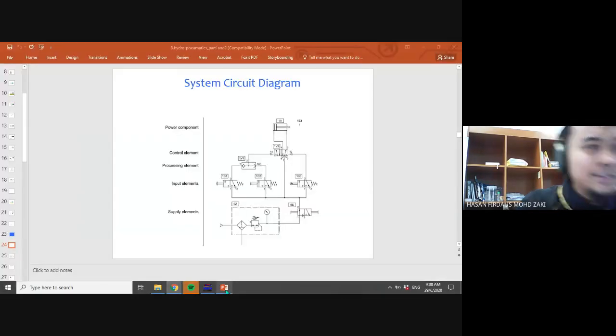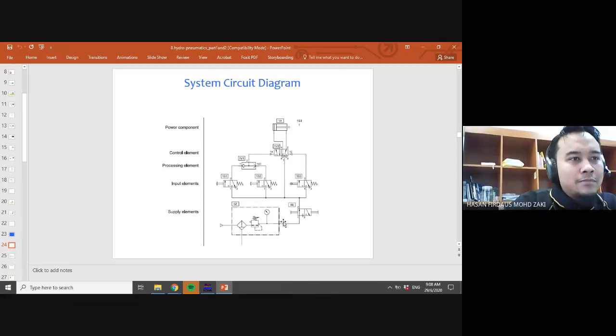All right. So this is the basic concept of the pneumatics design: power source, switches, logic or processing elements, then the control valve, and lastly the cylinder, or the actuator.